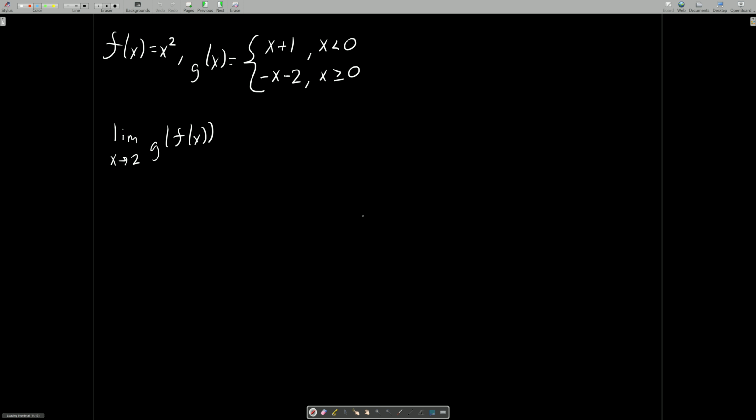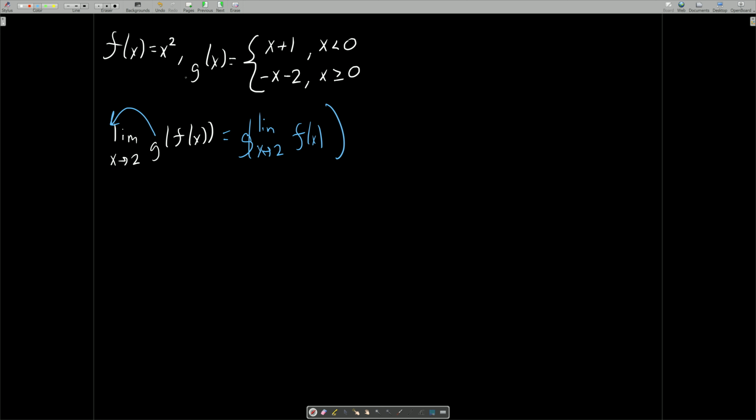Let's do another one with the same functions from earlier. Now you have this composite function. As long as you take the g outside of the limit, you have g of the limit of f of x as x approaches 2.